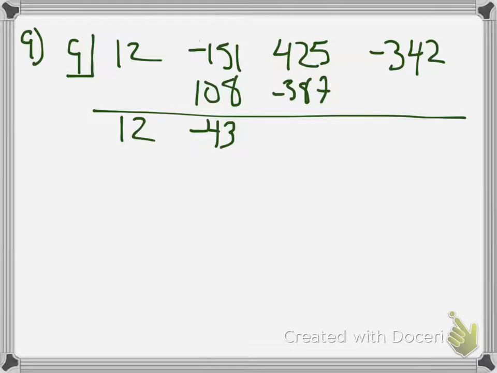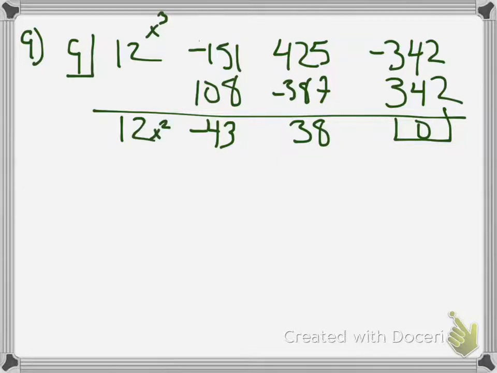Plus the 425 would give me 38. Then 38 times 9 would give me 342. All that to get to 0. And again, if this was 12x to the third, then the answer starts at 12x squared because it always starts one below. So I have 12x squared minus 43x plus 38.